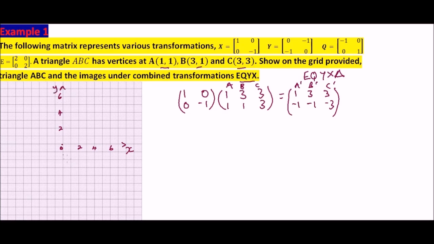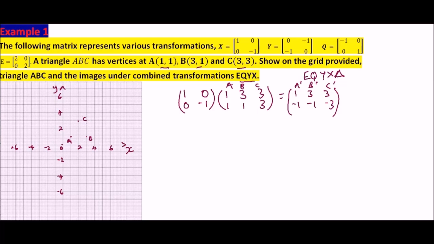On the negative side, this is -2, -4, -6. Then the other side, we have -2, -4, -6. Our A is 1, 1. Our B is 3, 1, so that is our B. Then our C is at 3, 3. So that's our C. So we join the 3 points.